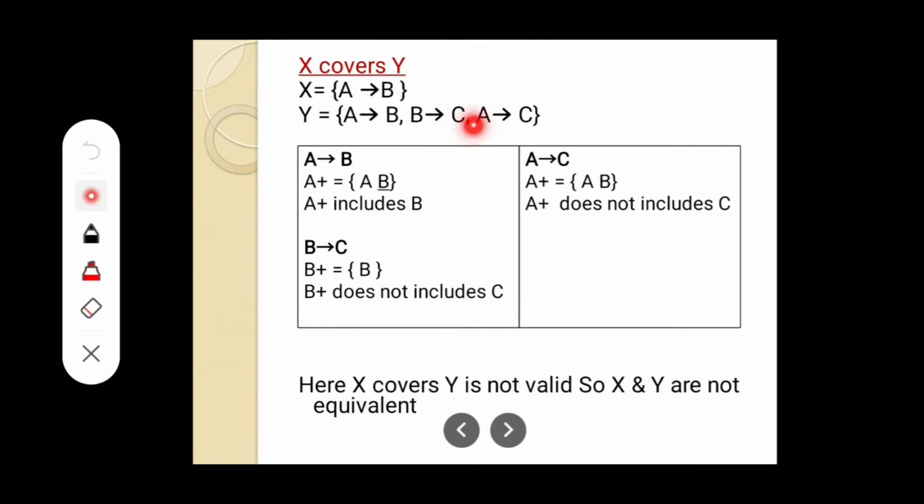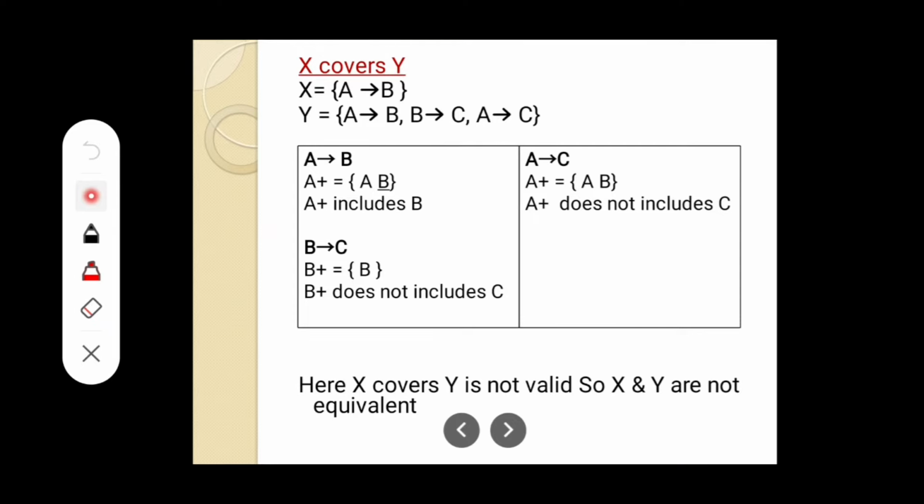So we can say this is true. Now the next functional dependency, B determines C. I will apply the same closure, B closure, which is B. Okay, is anything starting with B here? No. So the only value here is B. This set does not have the value C. Is C here? No. So B plus does not include C. So this condition is not satisfied.